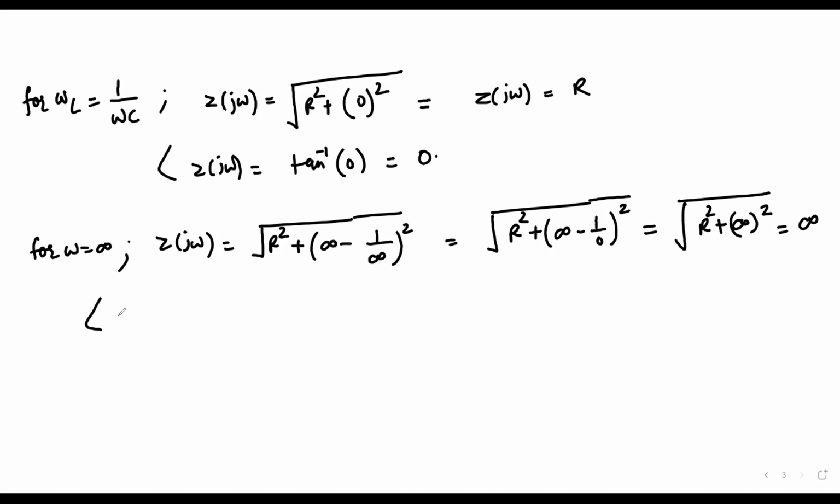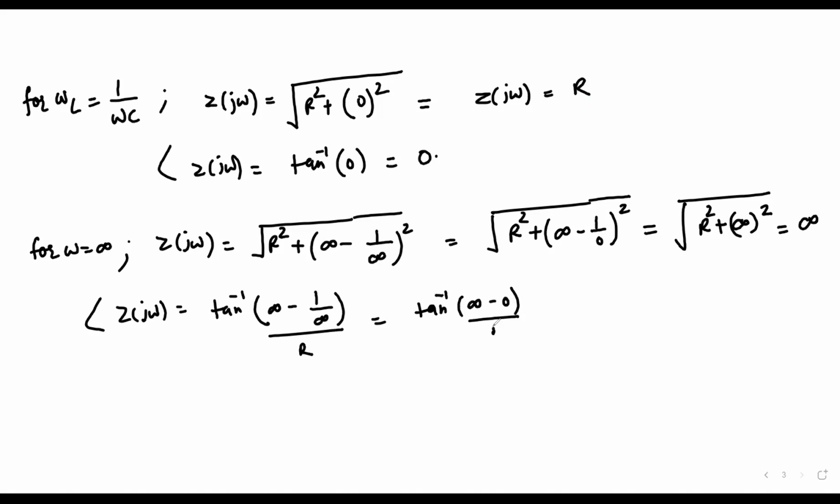right? And the angle of Z of j omega would be tangent inverse of infinity minus 1 over infinity divided by R, and it takes the form of tangent inverse of infinity minus 0 divided by R, which is tangent inverse of infinity.